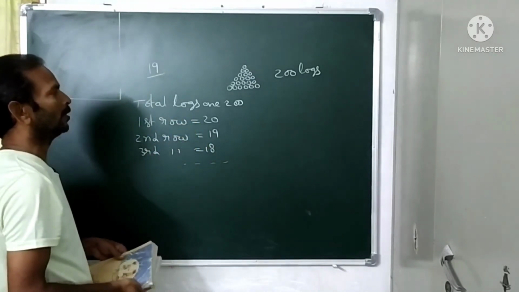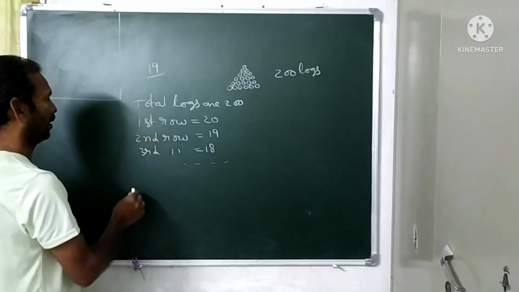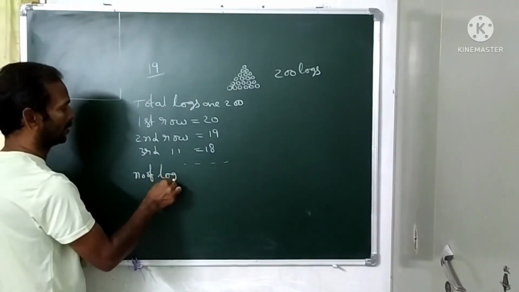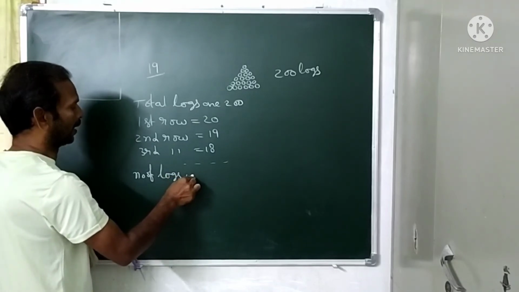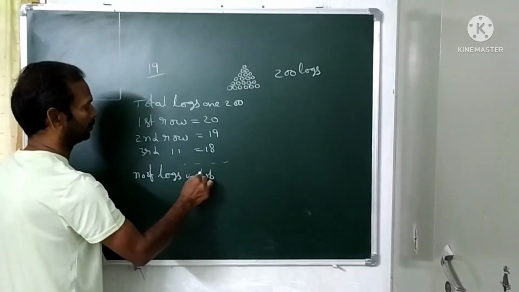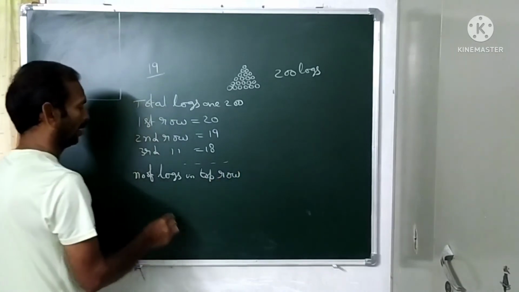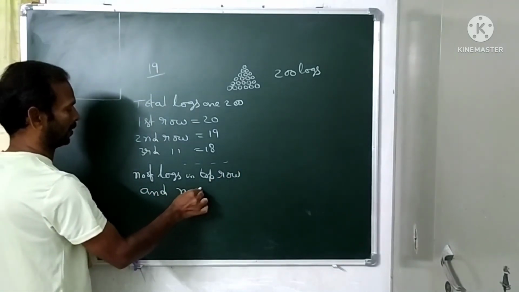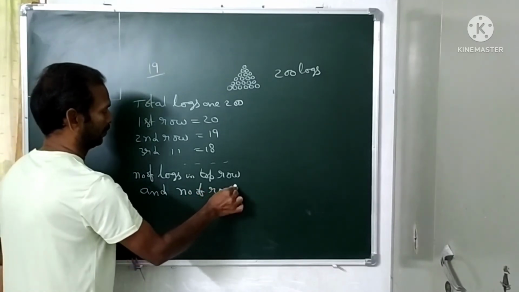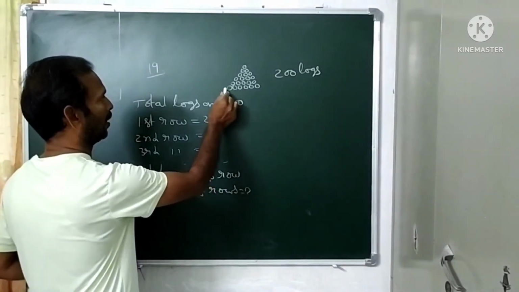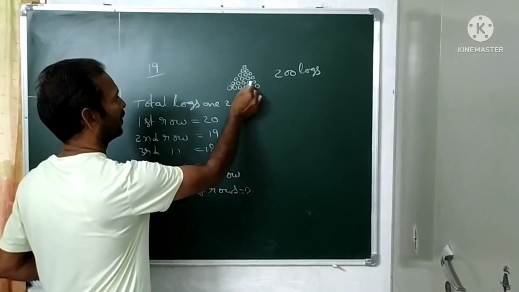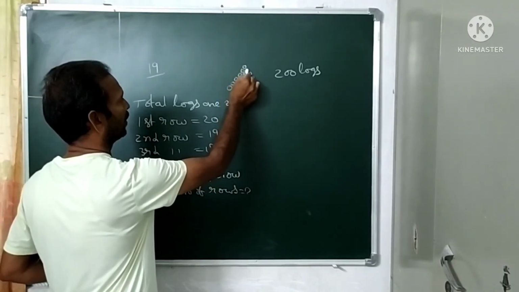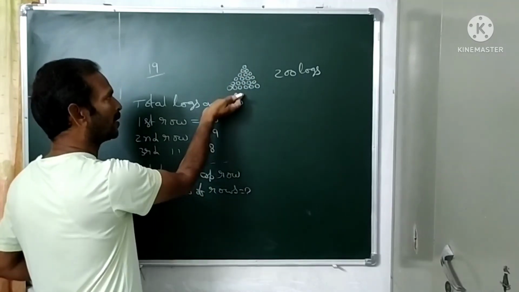Okay, now what they asked: the number of logs in the top row and the number of rows. See here 1, 2, 3, 4, 5, 6, 7, 8, 9, 10, 11, 12, 13, 14, 15, 16, 17, 18, 19, 20, 21. 21 means completed like this.